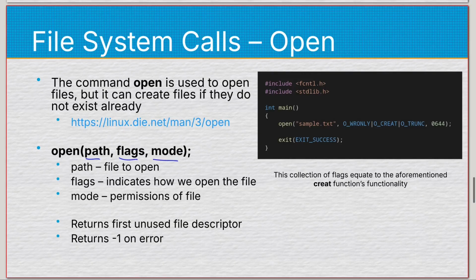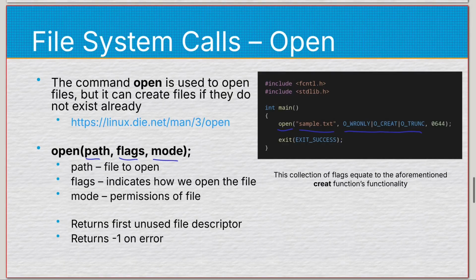Now, if we look at it, we have open as a system call, not a big deal. sample.txt, just like creat, to specify the file I want to make. And the big difference is this right here, O_WRONLY, that's open write only, or O_CREAT, or O_TRUNC.